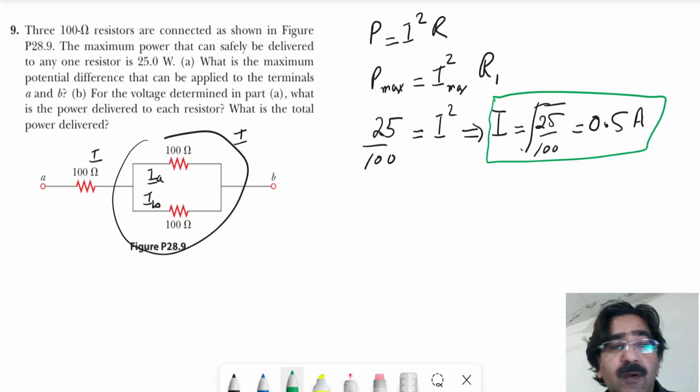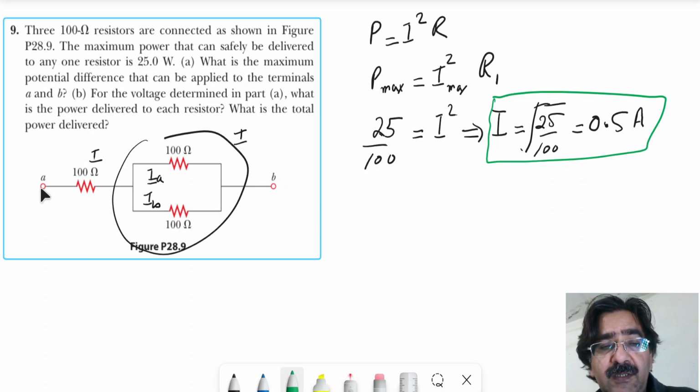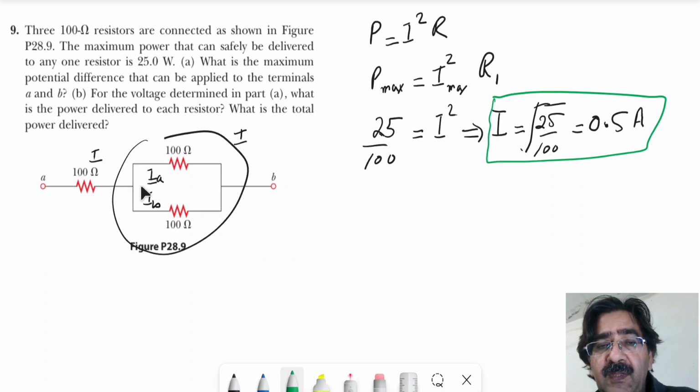Now we have to find the maximum voltage required at A and B. What will be the equivalent resistance? We have to measure the total resistance.